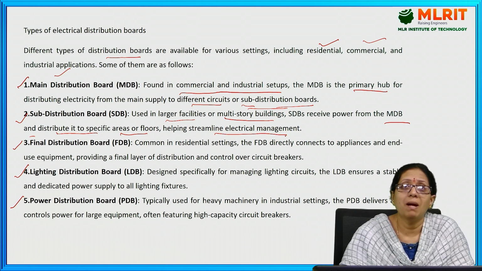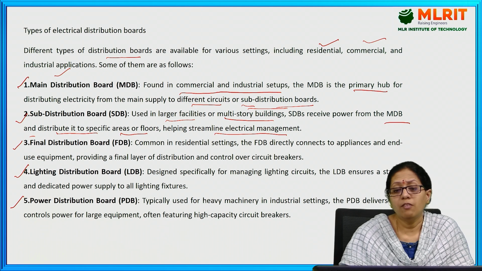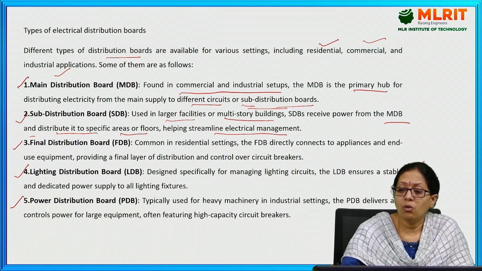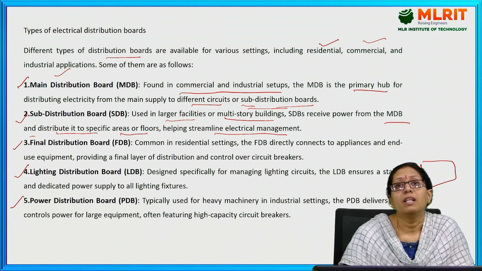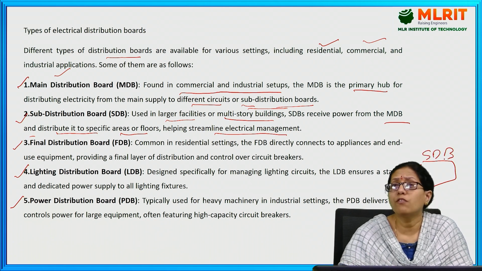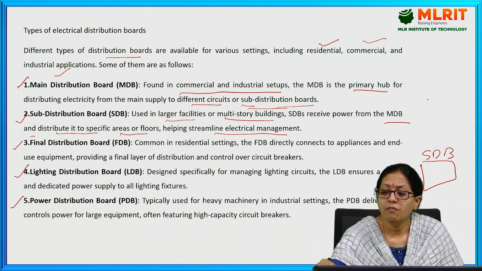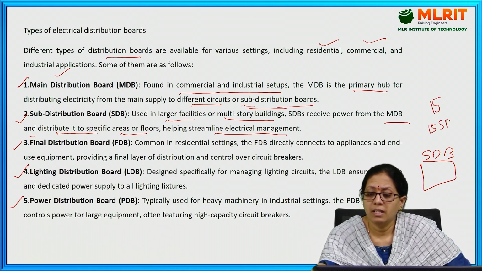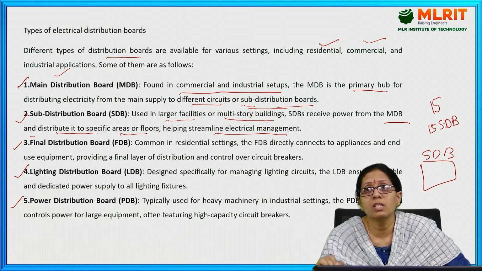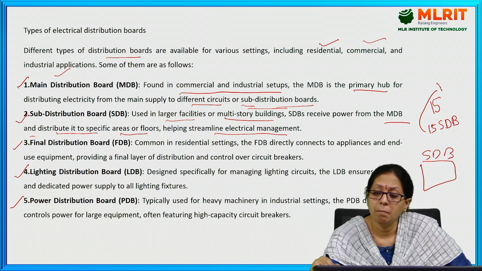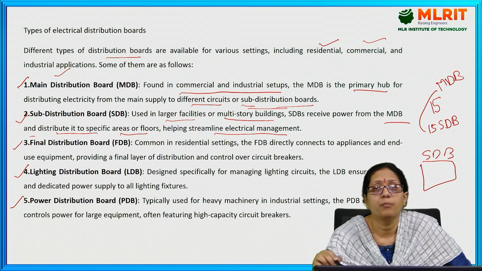Like for easy management of electricity, if it is a multi-storied building and each floor has more circuits, each floor is connected to a different sub distribution board. If it is a 15-storied building, you will have 15 SDBs, that is sub distribution boards, and all these sub distribution boards are connected to the main distribution board.